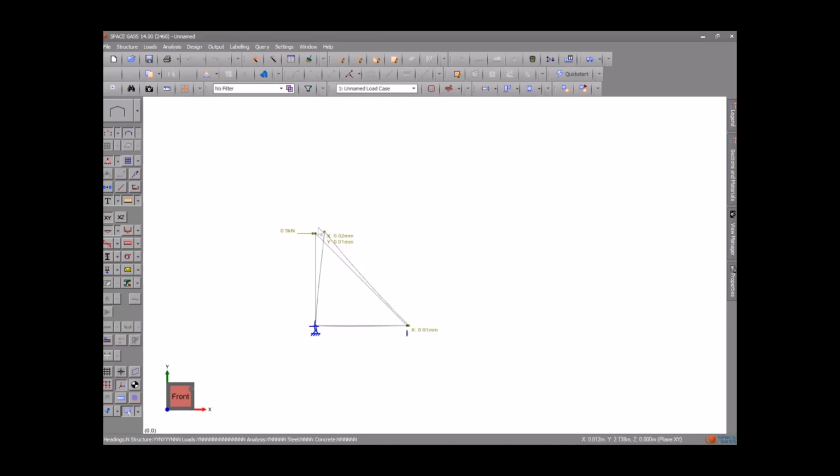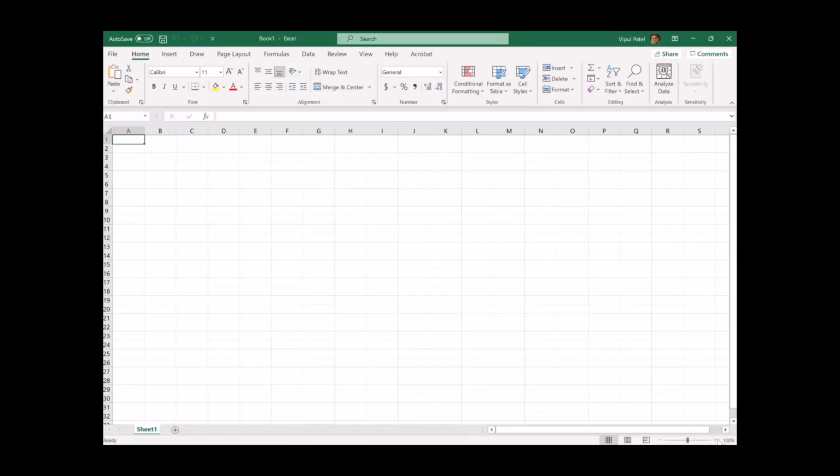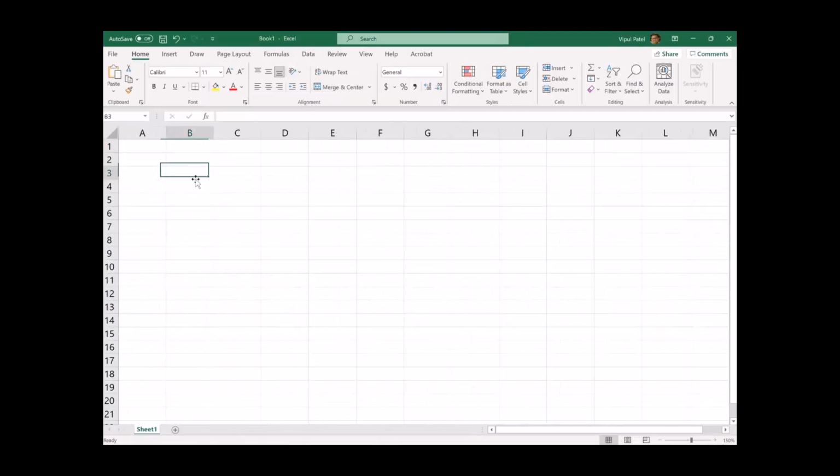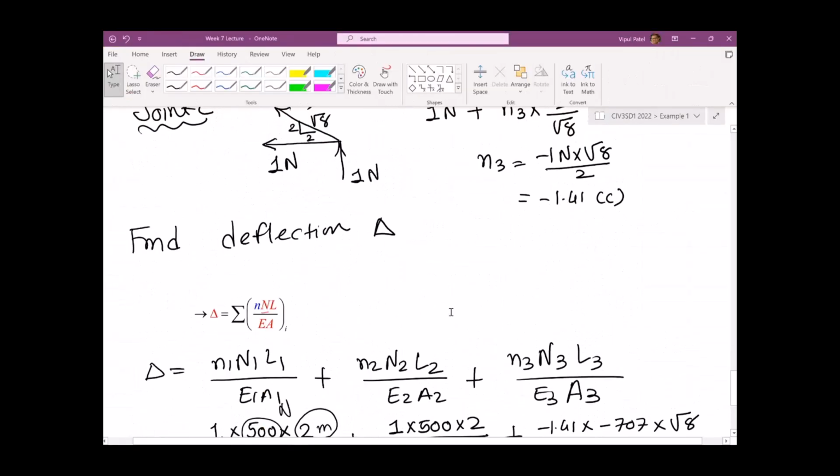And if you want to find in the y direction, you need to repeat the whole procedure here. N1 is not going to change, but you just put the vertical virtual force. To show you, let me put the members first. You have AB member, you have BC member, you have AC member, right? These members are shown here.